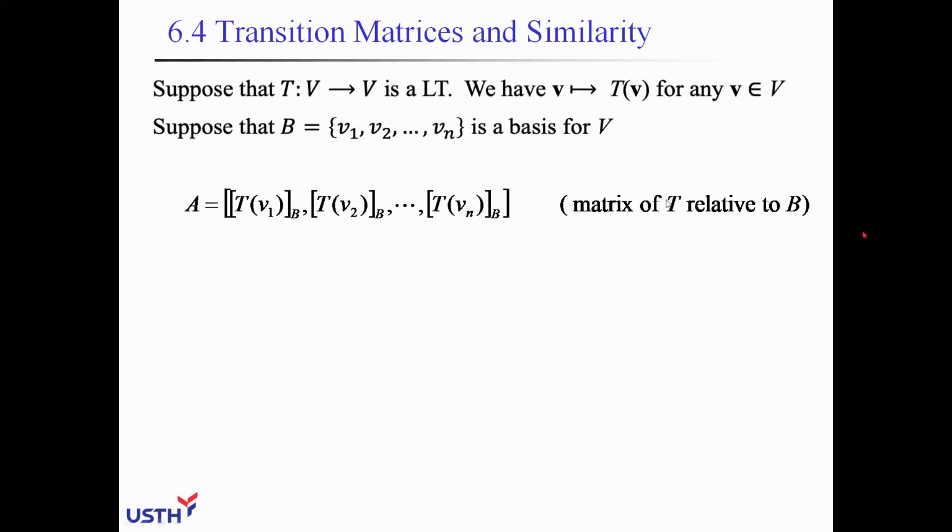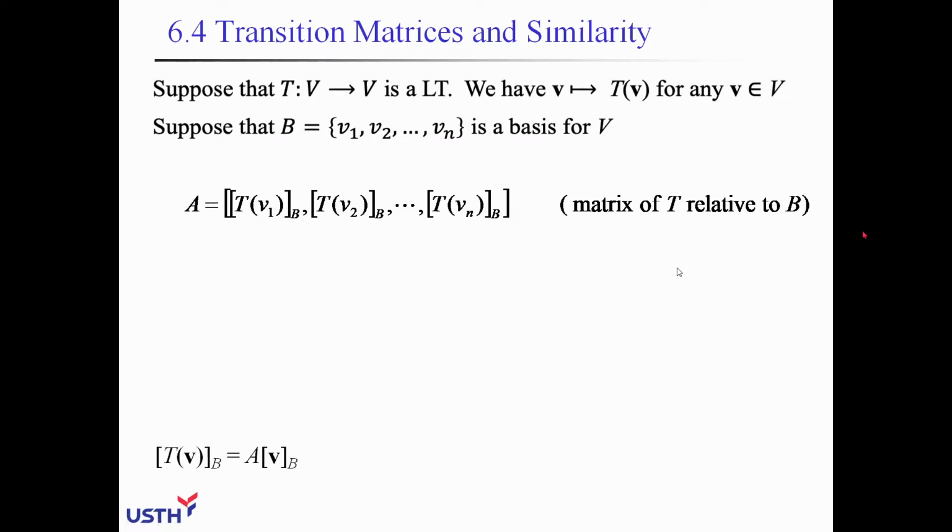Then the matrix of T relative to B is defined as follows: if we consider T of V1, T of V2, T of Vn, take the coordinate columns of those according to the basis B, and then we get A like that.